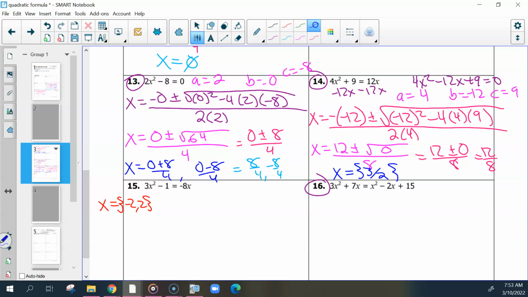You're going to end up with just 1 solution. If your discriminant is negative, you get none, or no solution. And then anything else is 2. Any questions on 14?